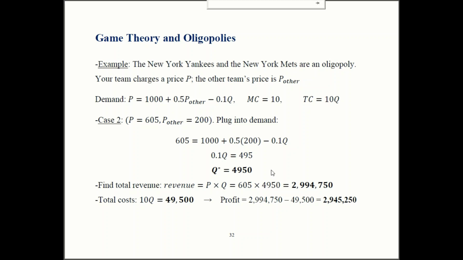When the other team cuts their prices from 400 to 200, that's going to reduce demand for our team's tickets. So when the other team has a low price, we're going to sell 4950 tickets. Back on the earlier slide, when they charged a high price, we sold almost 6,000 tickets. So it matches your intuition. Cutting prices is going to steal demand from the other firm.